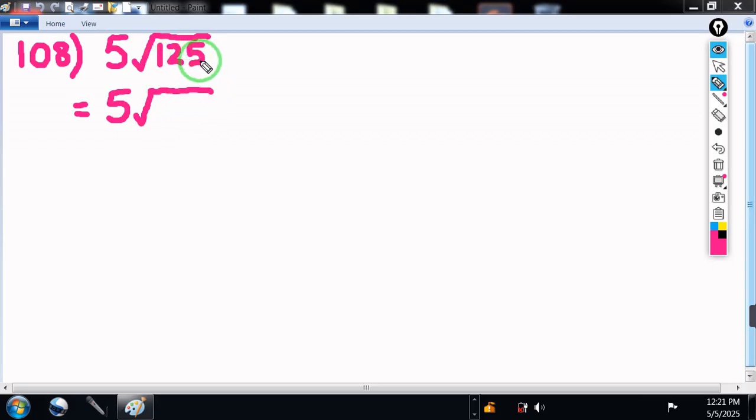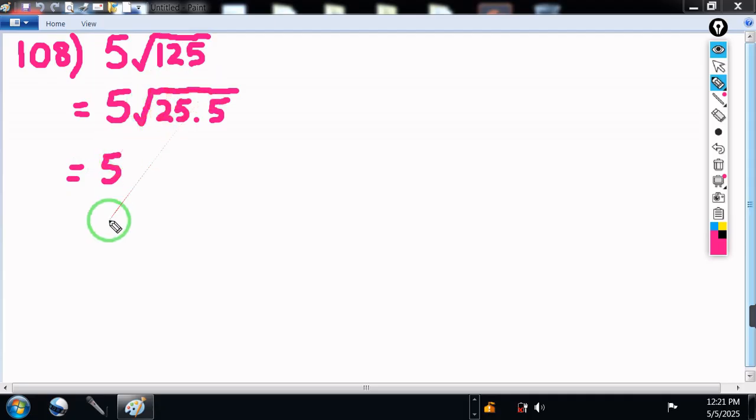Okay, 125. It should be 25. Straight away we do method one, and then times 25. 25 times 3 will be 75, plus 4 will be 100, then 5. So 25 times 5 will be 125. So everything has a 5 there. This one is 5.